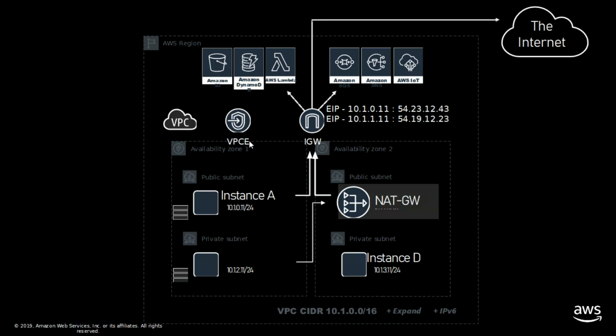And we use VPC endpoints if we want access to AWS services where the traffic will not leave the AWS network. So it goes direct here. It doesn't need to pass through the IGW, or internet gateway. We can use VPC endpoints to access AWS services.